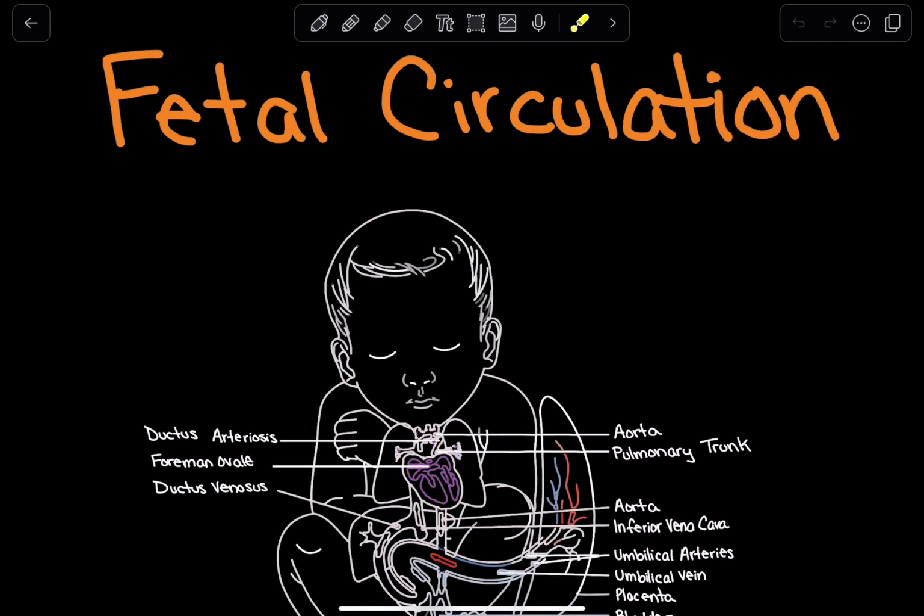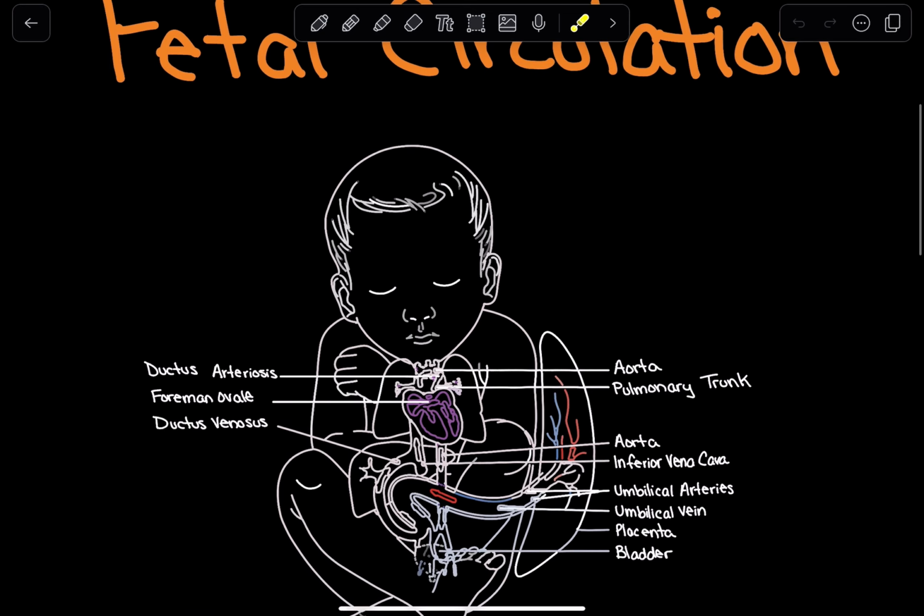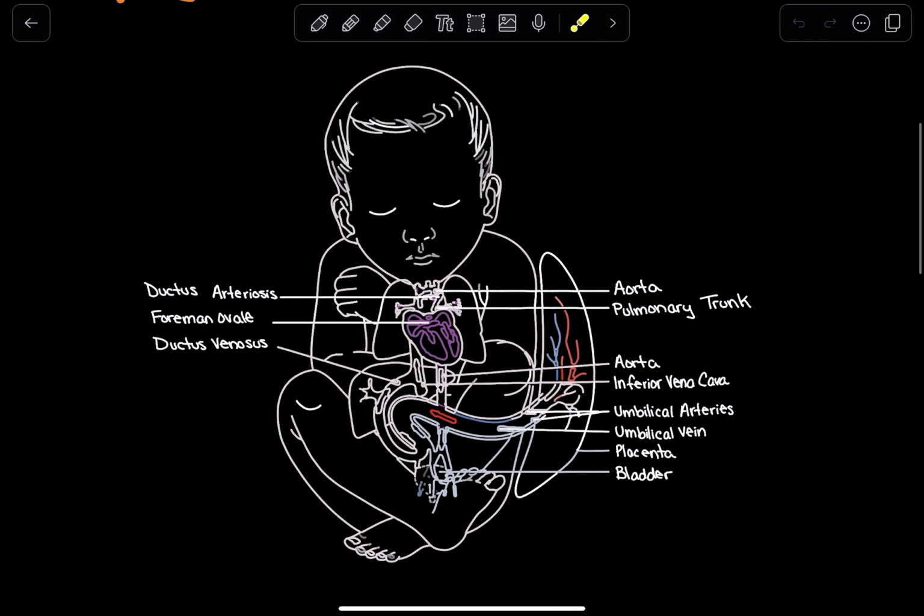So in order to understand fetal circulation, we're going to utilize two diagrams, and we are going to start with this first one over here. Now, the fetus is growing in a fluid-filled environment in the womb of a female.